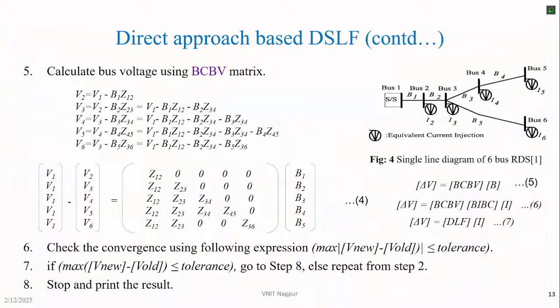And if we split this one, we can write it out this way, because V2 is again a function of V1, so we can write it out as V1 minus B1 into Z12 minus B2 into Z of 23.